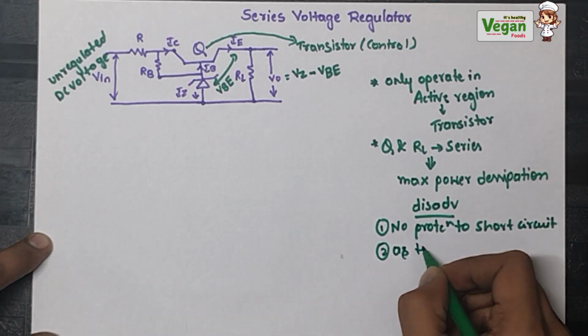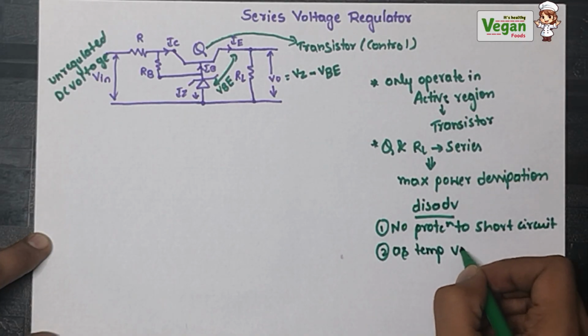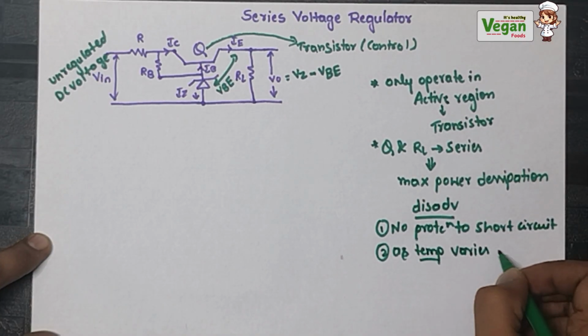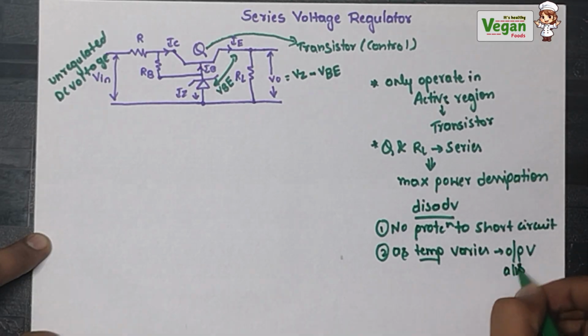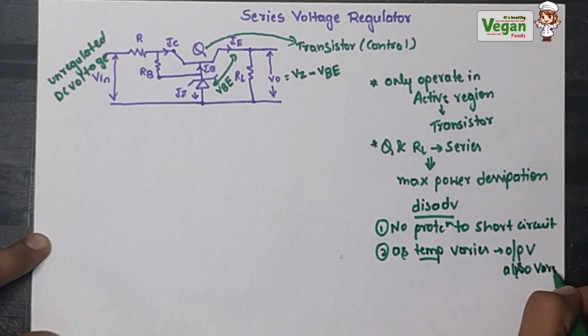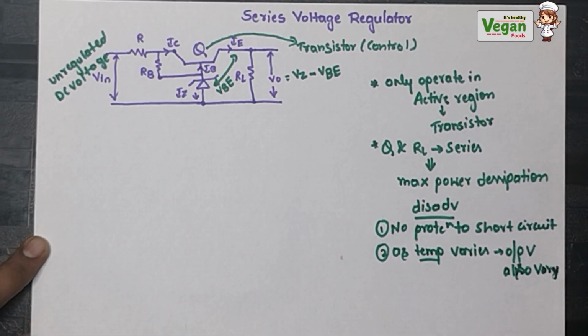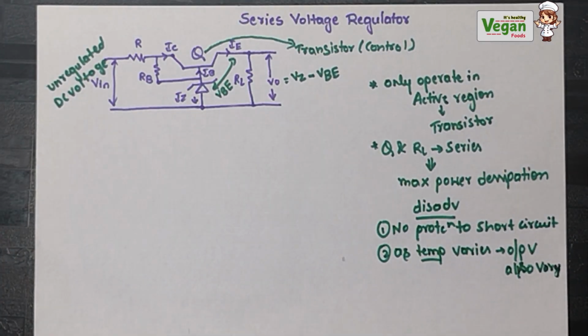That is, as temperature varies, output voltage also varies. So we can say it depends on the external environment, that is external temperature.